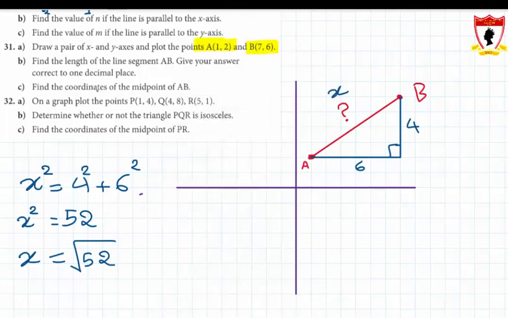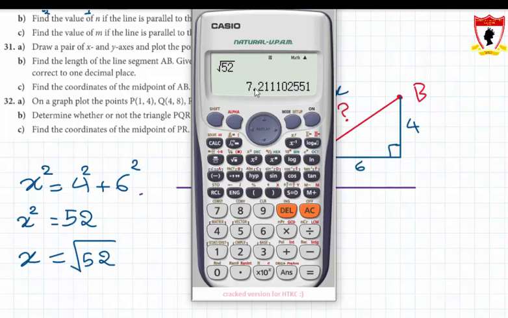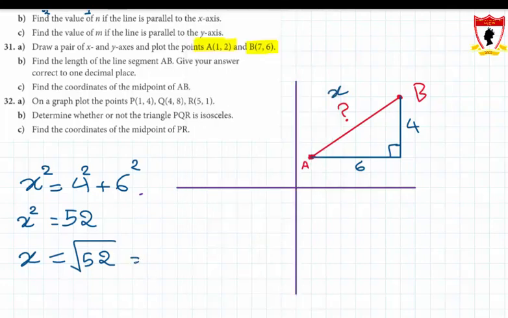The question says give your answer correct to one decimal place. To one decimal place, the second decimal place is 1, so it will simply be removed. The answer is 7.2, as the question wants. And the length of line AB is 7.2.